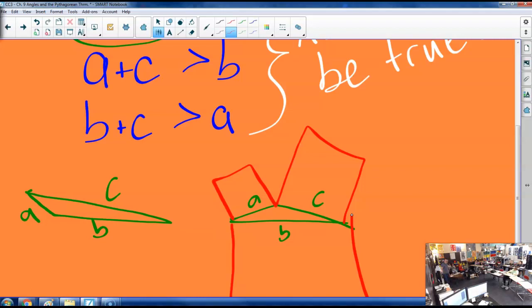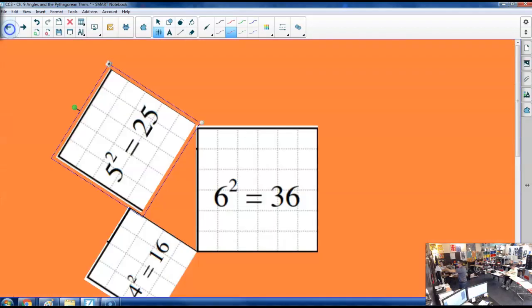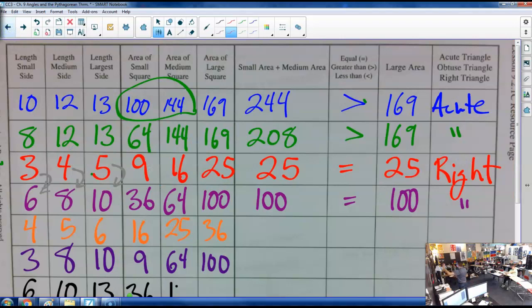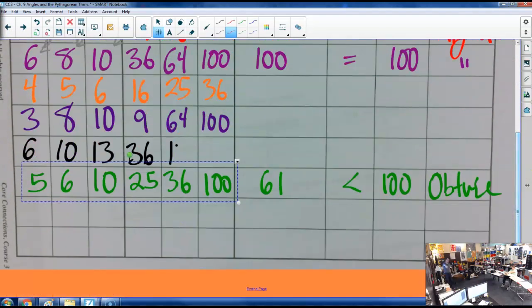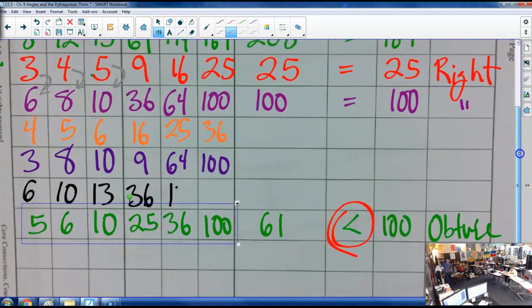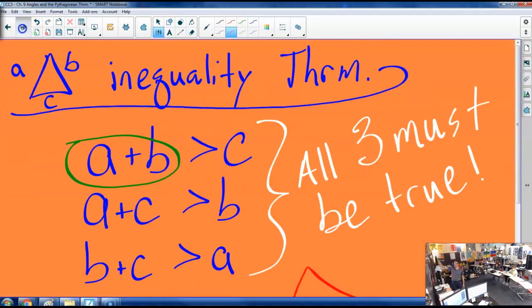It's an obtuse triangle, right? There's an obtuse angle right here. So if we go back to the table we've been working in, to get an obtuse triangle, my two smaller squares are less than the square of the third side, because my third side there is so big.